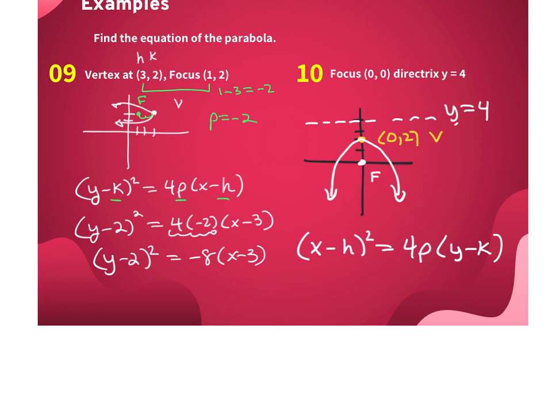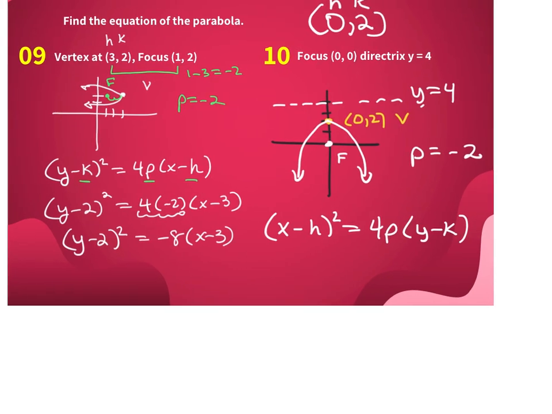The vertex we found, the 0, 2, this is h, this is k. I can see that the focus is 2 spaces away from the vertex, and so is the directrix. It's also opening downward, so my p-value is -2.